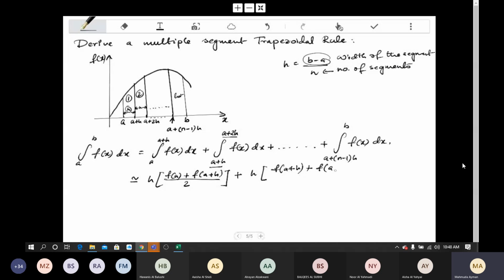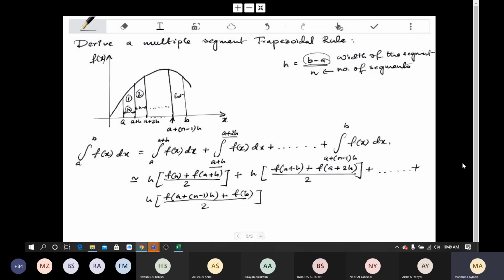Correct, f of a plus 2h, and here we divide by 2. Plus we have more segments in between, and we do it for the last segment. Now we have h times f of a plus n minus 1 times h, plus f of b, and this one is divided by 2.